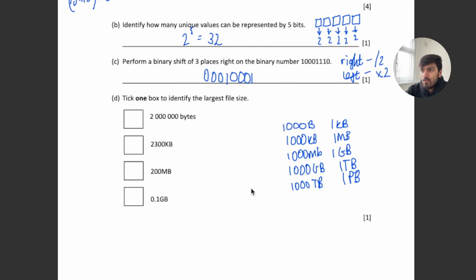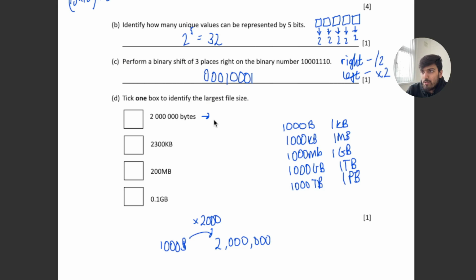So everyone should know this table. To go from 1000 to 2 million, we have to multiply by 2, and then how many zeros are we adding? 3. So we basically have to divide this number by 2000 to get the kilobytes of it.